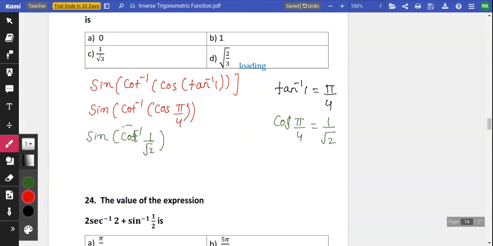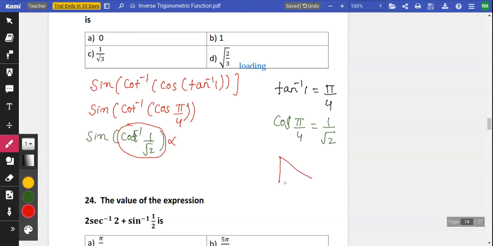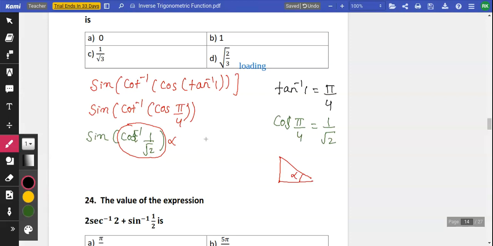Again, suppose this term as alpha, and we try to solve using a triangle. This angle is alpha, and cot inverse 1 upon square root of 2 is equal to alpha.